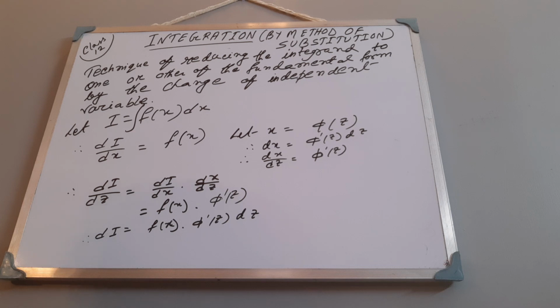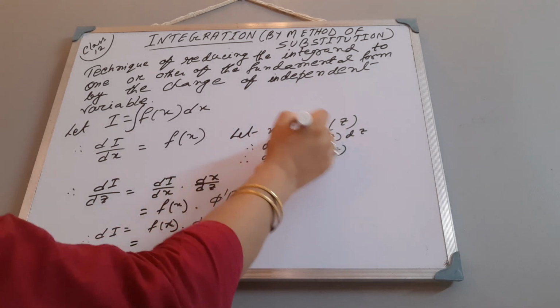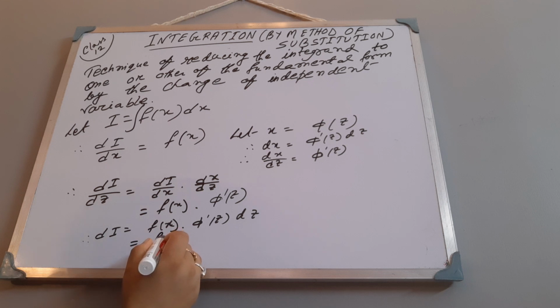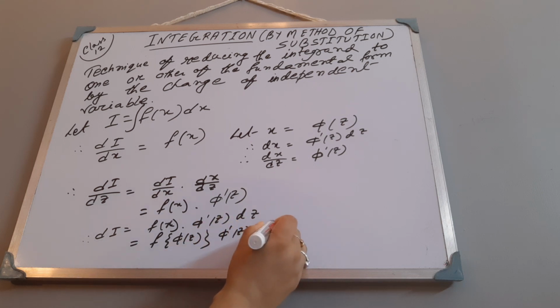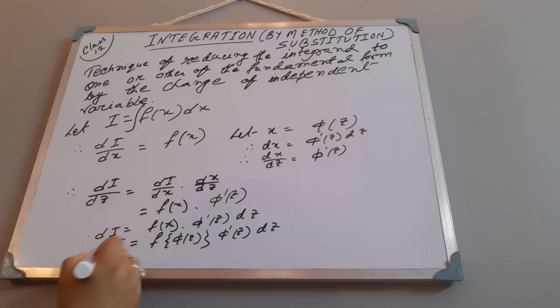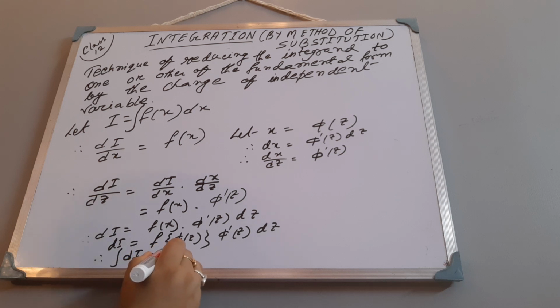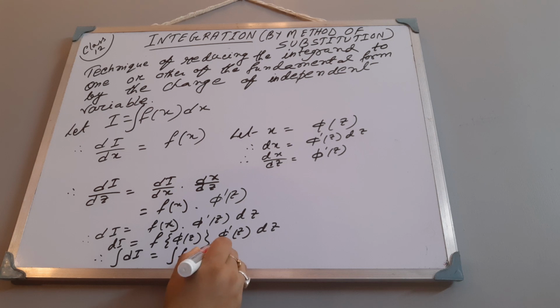Got it? Now what is x? x we have taken as phi(z). So write here f(phi(z)), and phi dashed (z) is also there. Then this is dz. Therefore this is dI. From dI to get I, we have to just integrate.